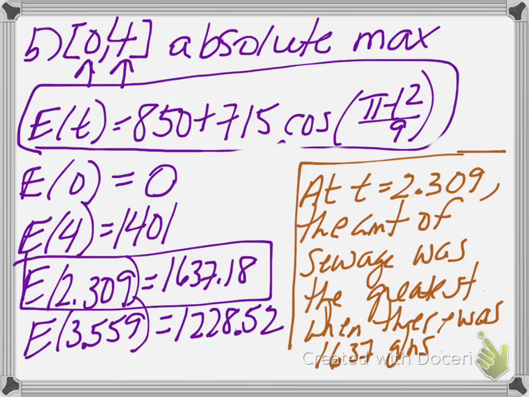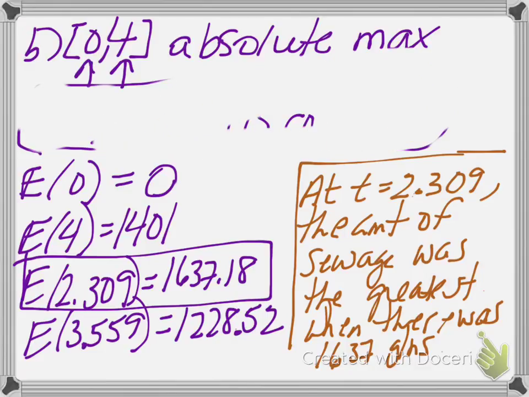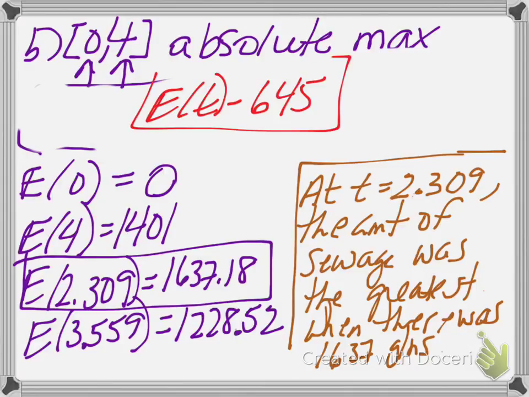Okay, and what are the point values for this one? Okay, we erased it, but if you have anything during your entire thing of E of t minus 645 somewhere, that's 1 point.